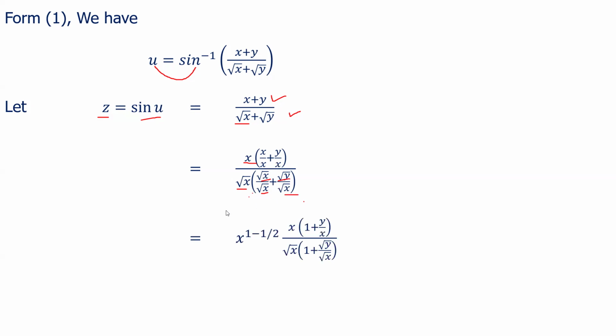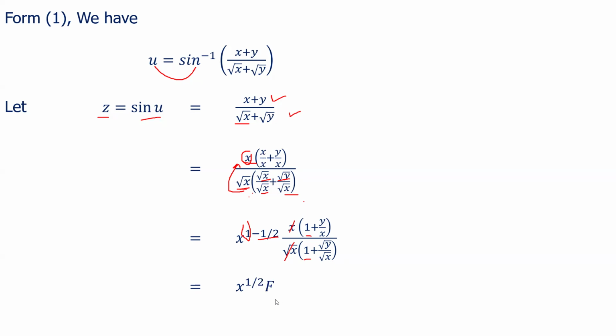Since the power of x is 1 in the numerator, we write x to the power 1. And in the denominator the power of x is 1 by 2, so if we take it into the numerator, its power will become x to the power minus 1 by 2. So what is remaining here? x by x is 1, and y by x, divided by root x upon root x which is 1, and root y upon root x.